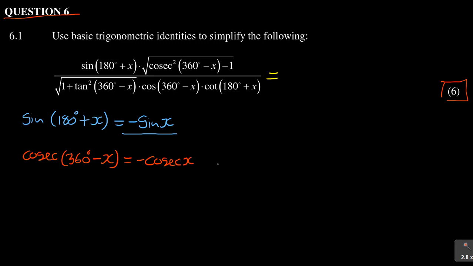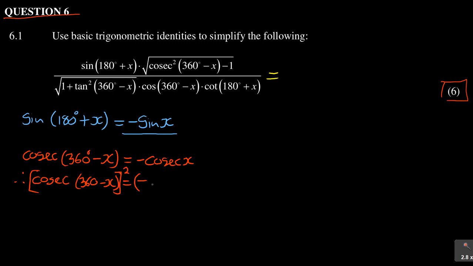Now, because the question says it's squared, we incorporate that: cosec squared 360 minus x becomes, in brackets, minus cosec x, with the squared outside like that. That's what it actually means.